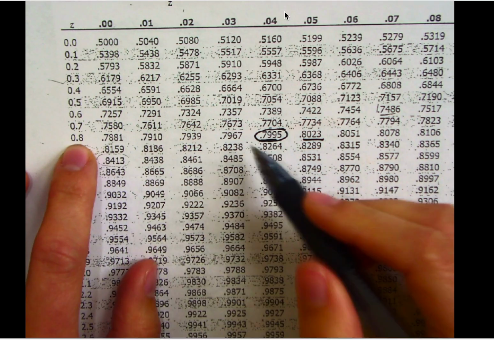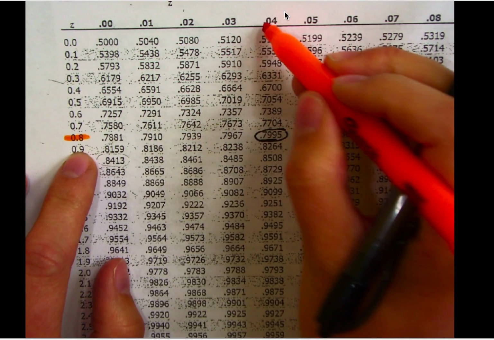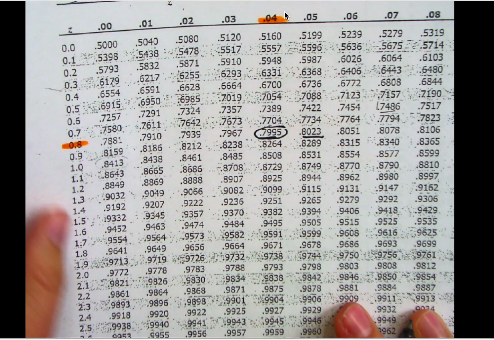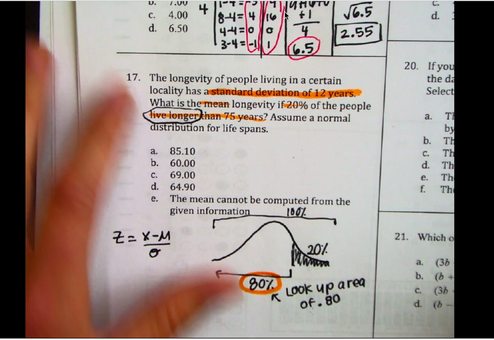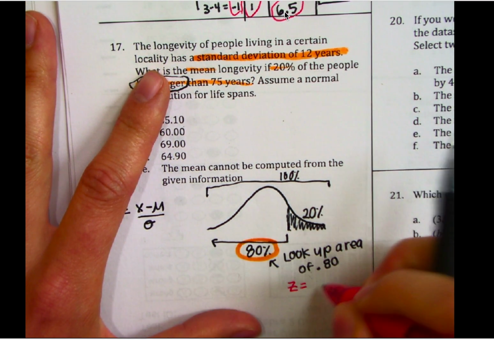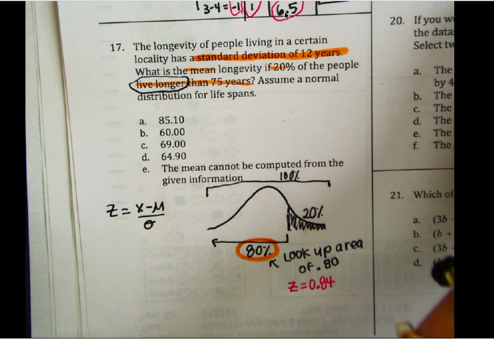So the z-score then is going to be 0.84. Okay, so that is what I need to look for, 0.84 as my z-score. I just found that from looking at my table. Okay, so now we have a z-score.